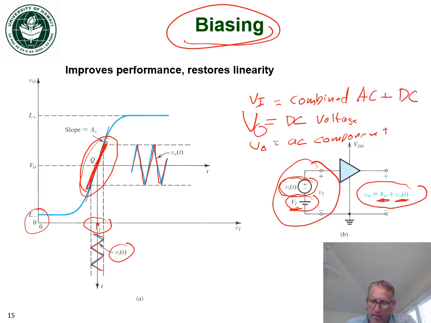So you can see in this example here, we have lowercase v, capital O, that's the combined, and we have a DC component, which is capital V_O, and lowercase v_o, representing the AC component of the signal.